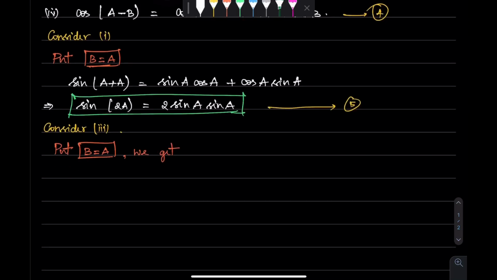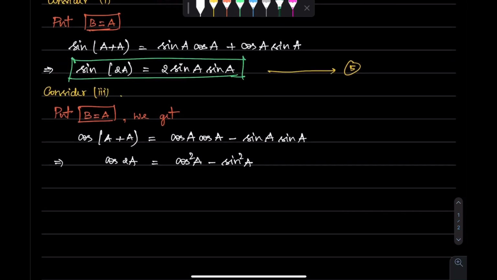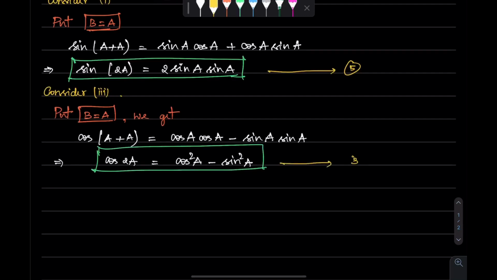Cos of a plus a is equal to cos a cos a minus sin a sin a. So what is cos 2a? My cos 2a will be equal to cos square a minus sin square a. Fine. So this is another result. Now I name this as 6.